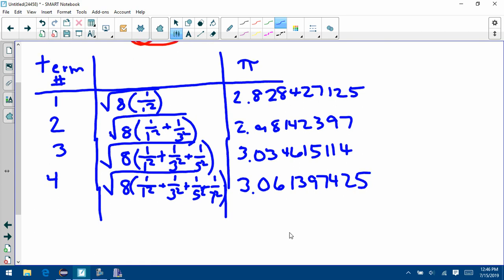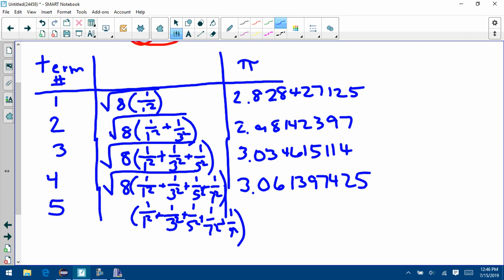I think you're getting it, but let's just do one more term, then I'll be done with this part. Fifth term, what would you do first? You'd have the computer do 1 over 1 squared, 1 over 3 squared, plus 1 over 5 squared, plus 1 over 7 squared, plus 1 over 9 squared. Fifth term, because I got 5 values added there.